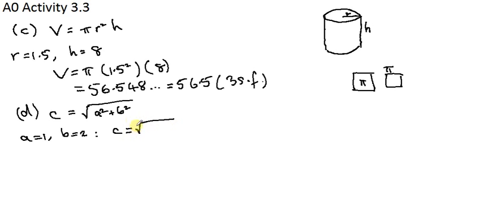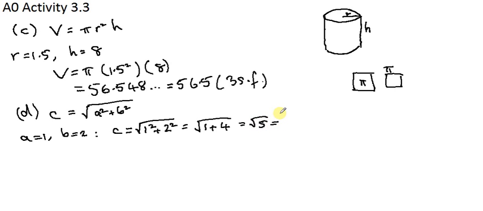We're just using the formula. A is 1, so a squared will be 1 squared plus b squared. B is 2, so it's 2 squared. So C equals square root of 1 squared plus 2 squared. 1 times 1 is 1, 2 times 2 is 4, 1 plus 4 is 5.